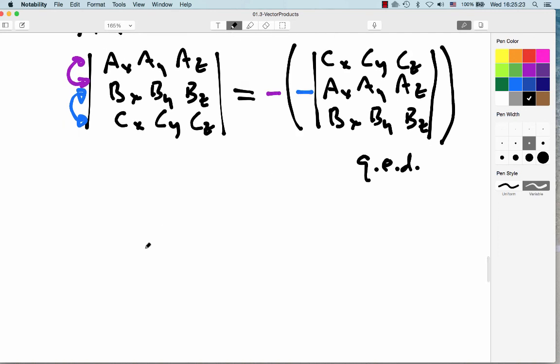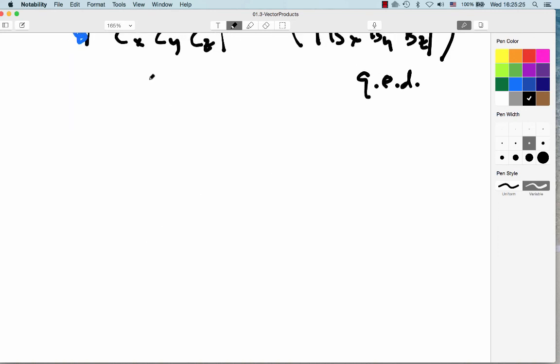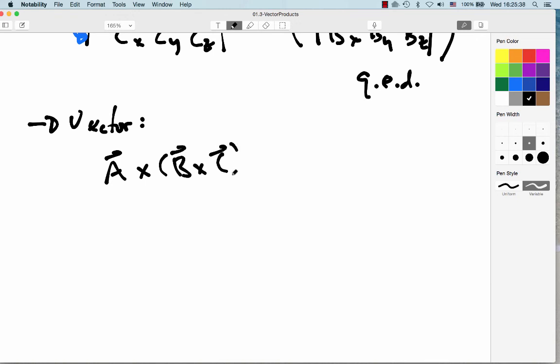Another one that you'll run into when we get into rigid rotations is the vector triple product. Okay, this one is A cross B cross C, like so. Now, it turns out that the vector triple product does not associate, so it's not equal to A cross B cross C the other way around.